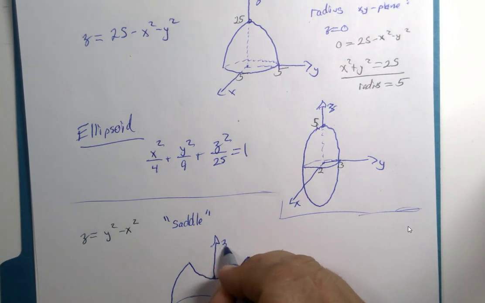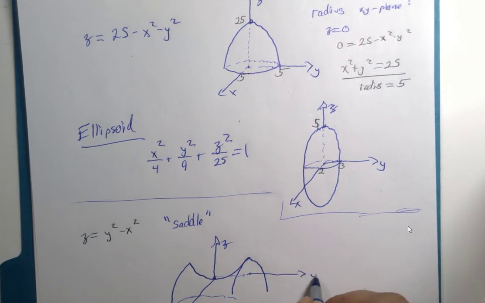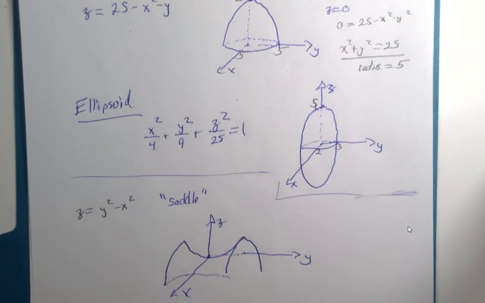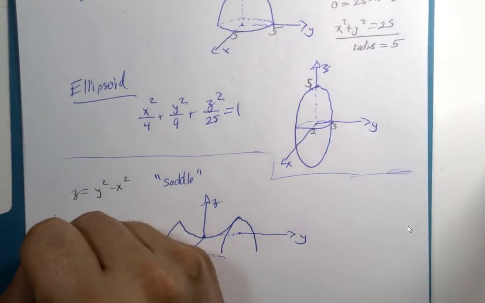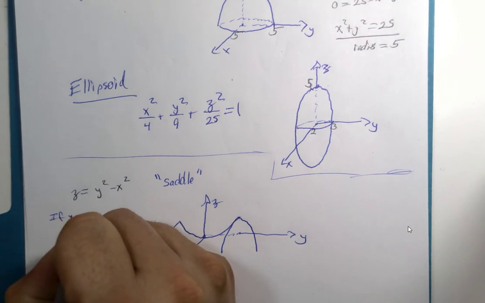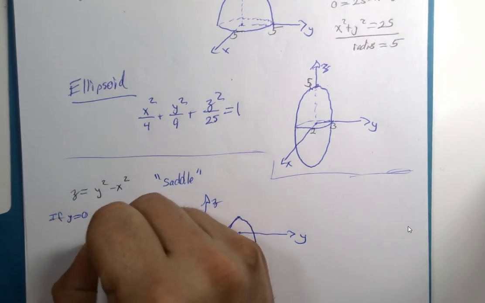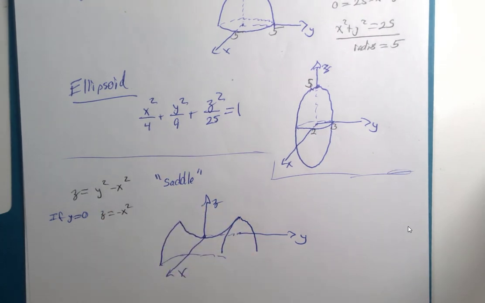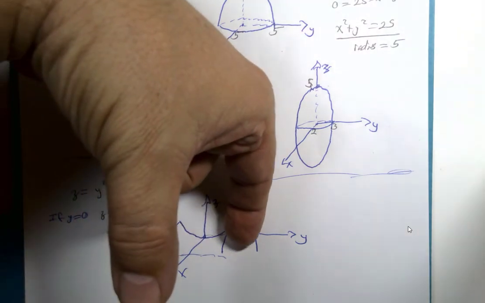There is the z-axis, and there is the x-axis, and there is the y-axis. It is very much not to scale, but I can show you that if y equals 0, this is z equals negative x squared, which is a parabola that is in the xz plane.